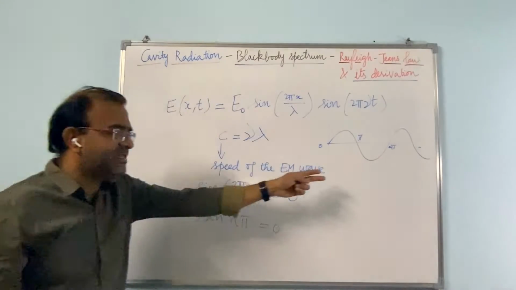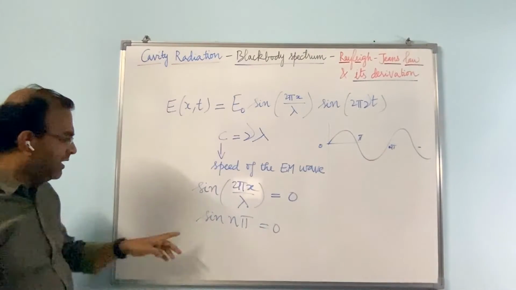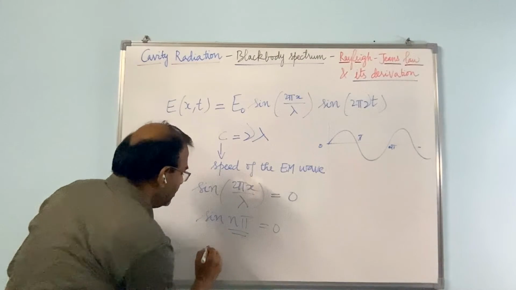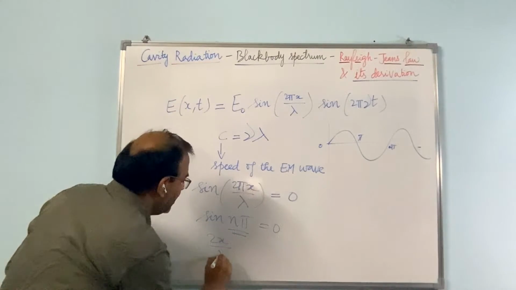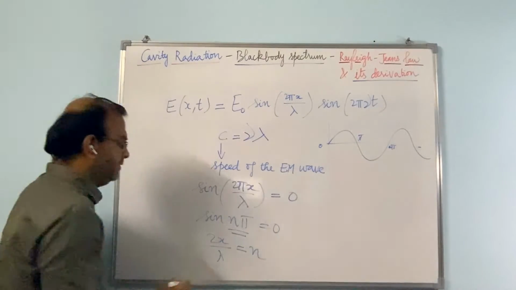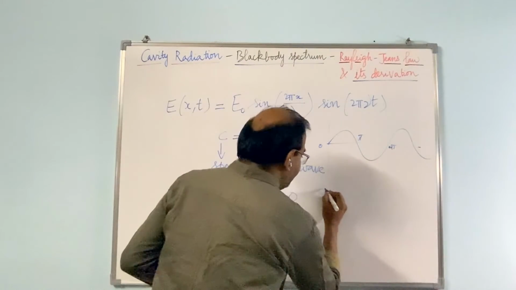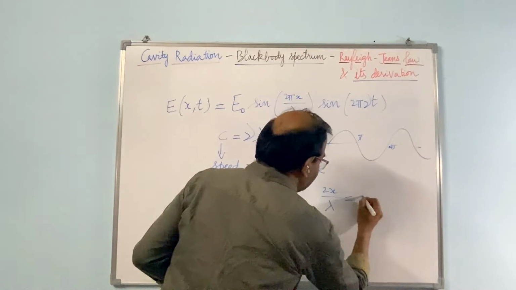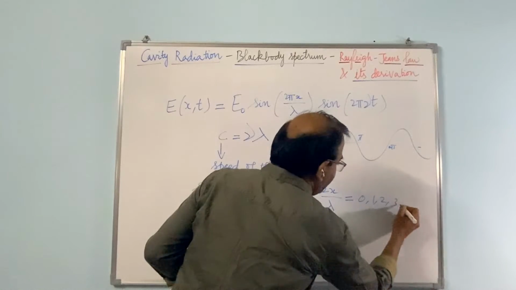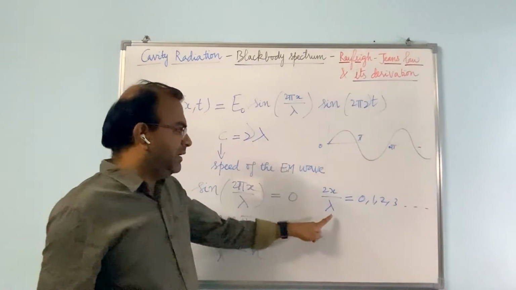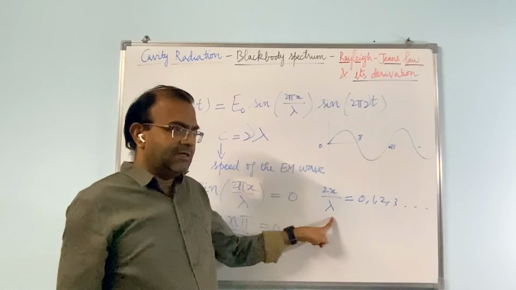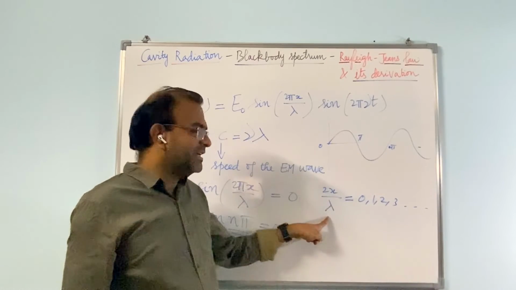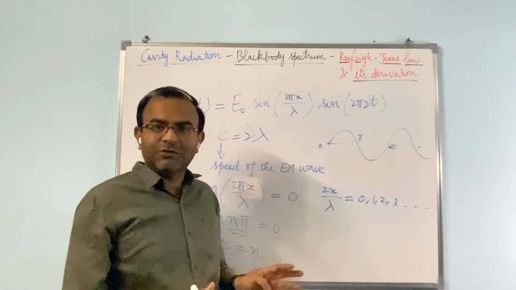That means 2x over lambda must be equal to n, so the condition is 2x over lambda equals 0, 1, 2, 3, and so on. At those positions of x that satisfy this condition, the wave has fixed nodes.